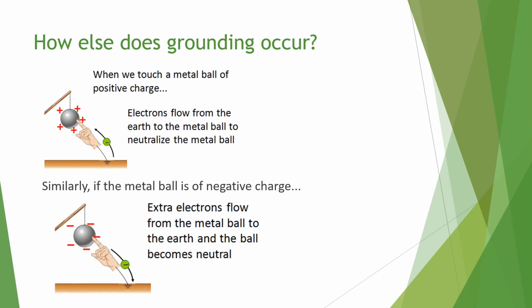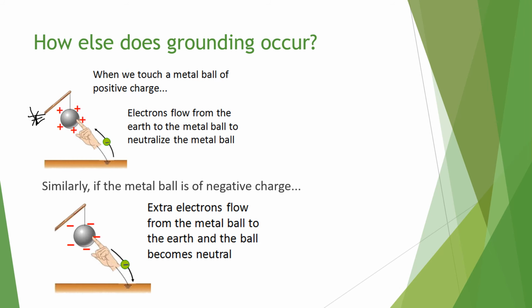So electrons are always going to move from the more negative object to the less negative object. So in this case, we have this positively charged metal ball. So electrons are going to be attracted to those protons.